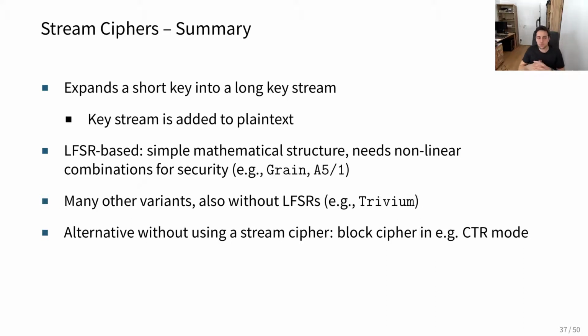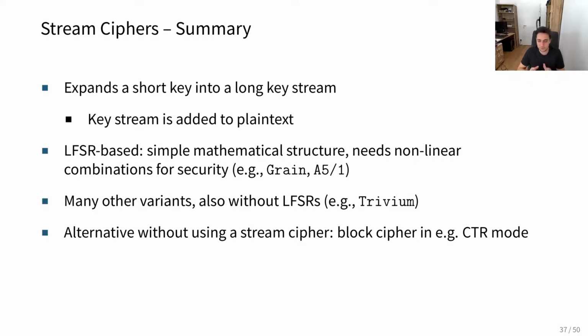Okay, so a short summary. What is the core idea of a stream cipher? The core idea is to essentially expand a short key, which we can easily transfer to someone else, into a longer key stream, which we then add to the plaintext, or to the ciphertext in order to decrypt. So this is the main idea of a stream cipher. And there are many LFSR-based stream ciphers.